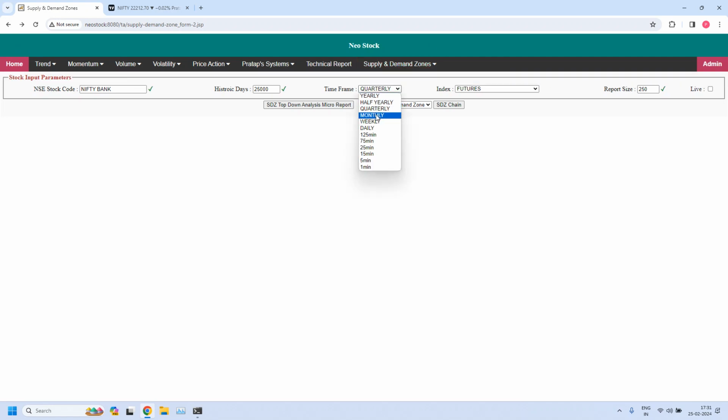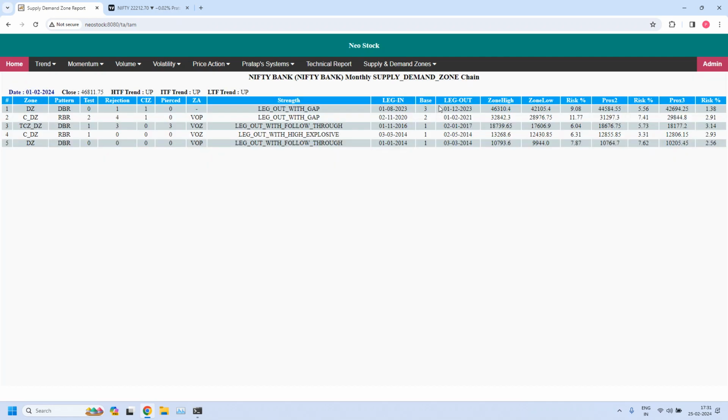Let me change the time frame to monthly. Let me generate the chain, monthly chain. And also keep observing the trend here. I forgot to tell you, HTF, ITF, LTF trends.